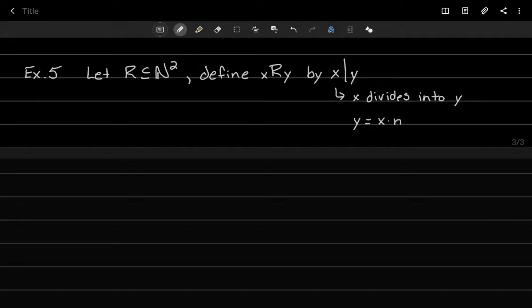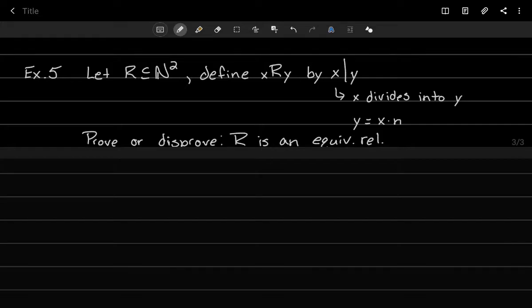Okay, so we want to prove or disprove R is an equivalence relation. So I need to check it for reflexive, symmetric, transitive.